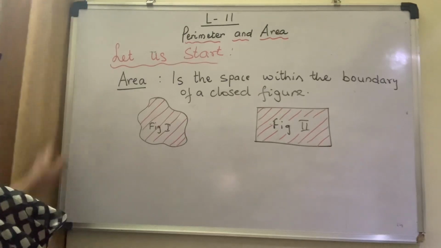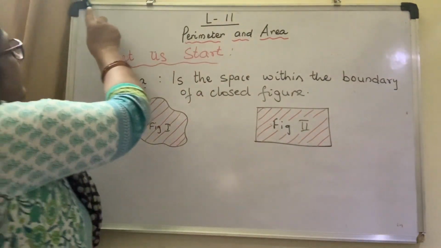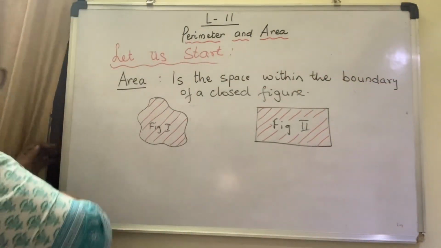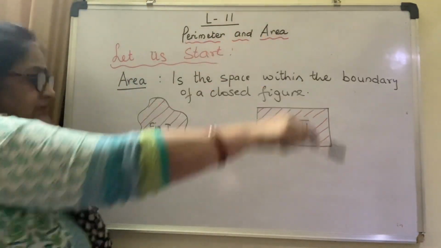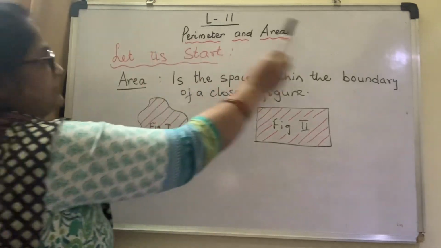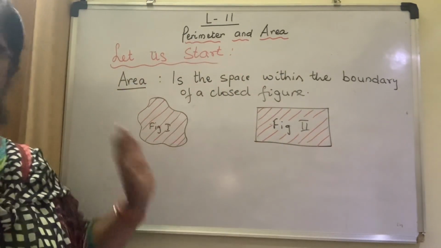For example, this is a whiteboard. This boundary tells me it is forming the whiteboard. Boundary is the perimeter of this whiteboard, and what is white where I'm writing, that portion is the area.